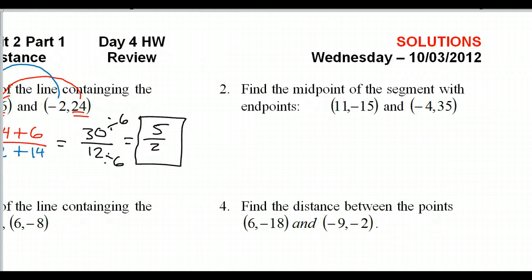So when we talk about midpoint, please picture in your mind that we are talking about a segment. Alright, we're given these two endpoints, so you should be picturing, okay, here's negative 4 comma 35, and here is 11 comma negative 15.